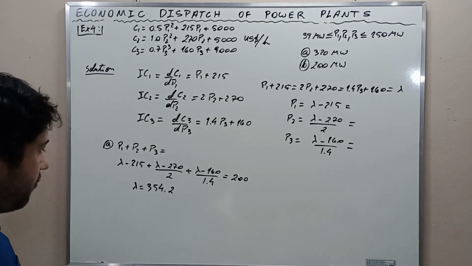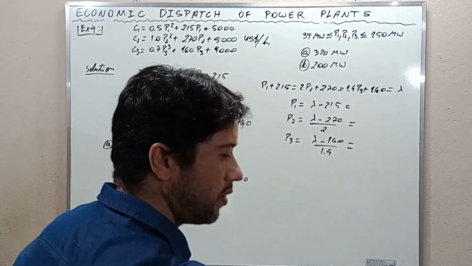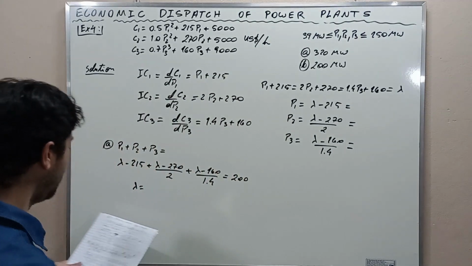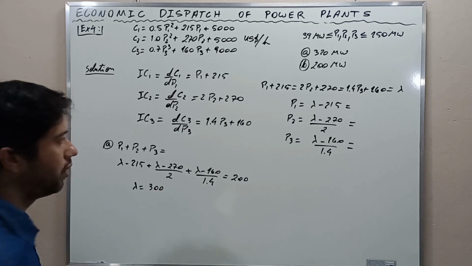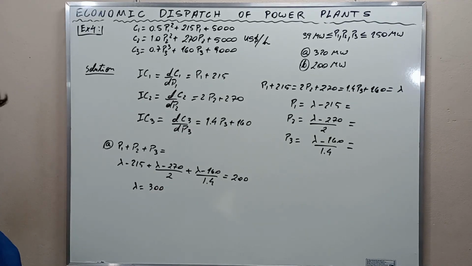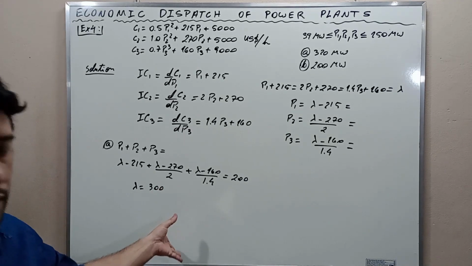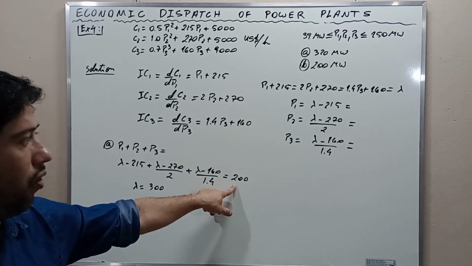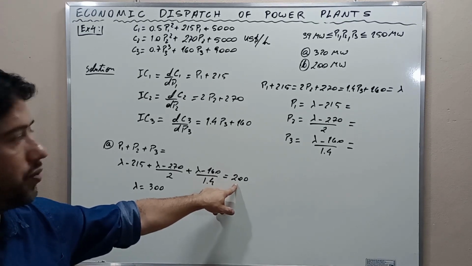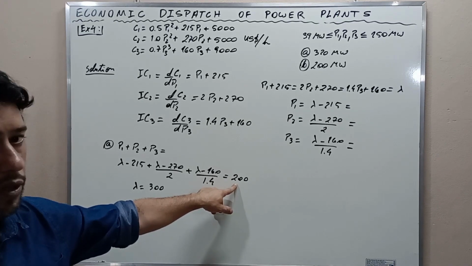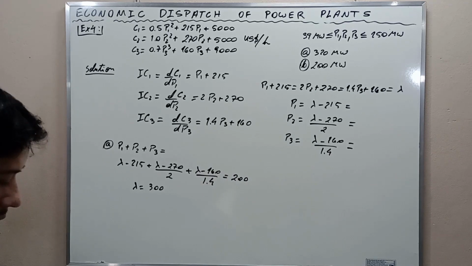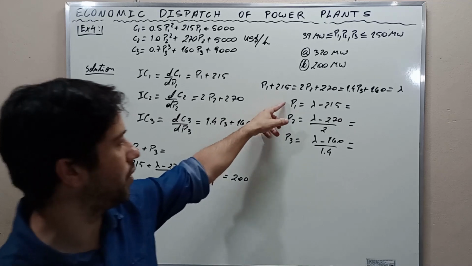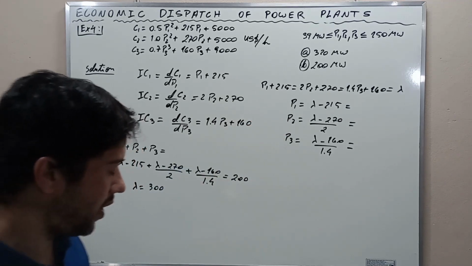And we find a different value for lambda. Now the value of lambda is 300. They will be similar steps, but this is going to be different. Okay, the only parameter that's going to be different is the value of the load, the demand. And with this value of lambda, substituting it here, we find different values for the powers.